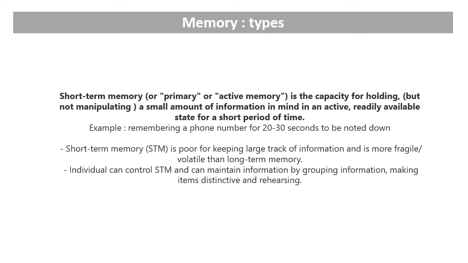So for example, when we are noting down any number, say a phone number, suppose we are holding it temporarily in our mind for 20 to 30 seconds. Let's take an example of a phone number like 78384144864.